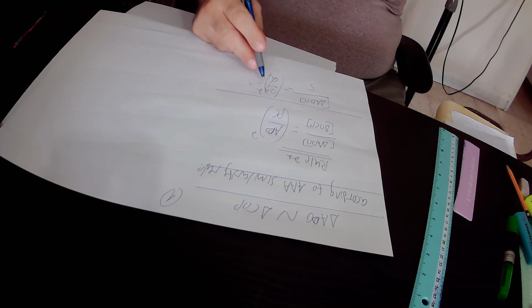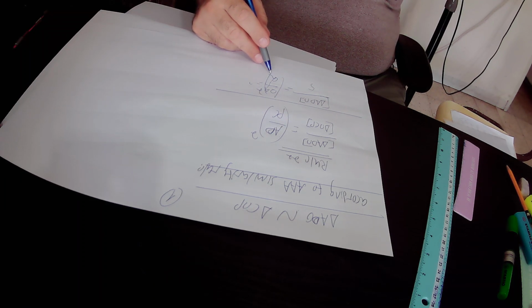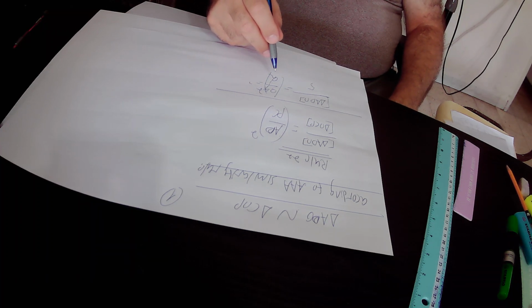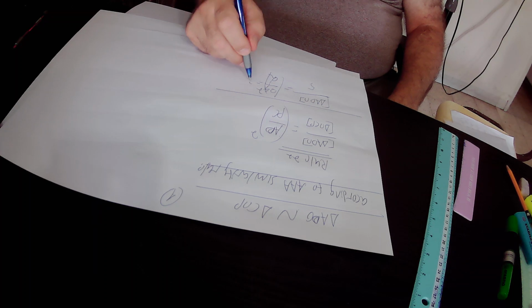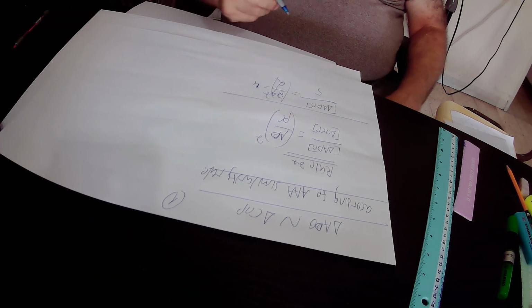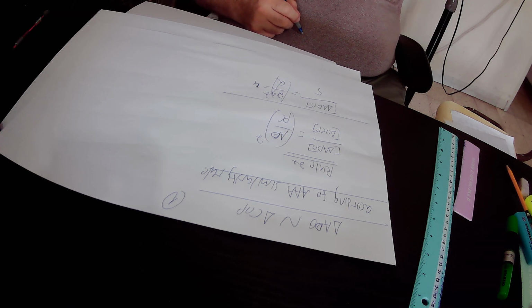So we have A in the numerator and A in the denominator, so A will get cancelled. And we are left only with 2 squared. 2 squared is of course 4. So in total we found out that the area of triangle ADO over 5 equals 4.